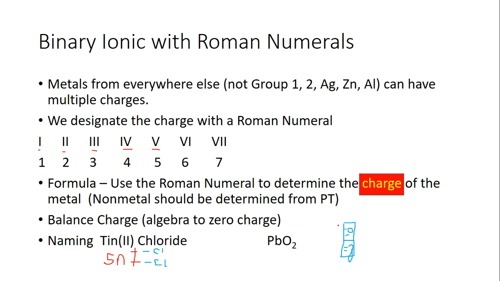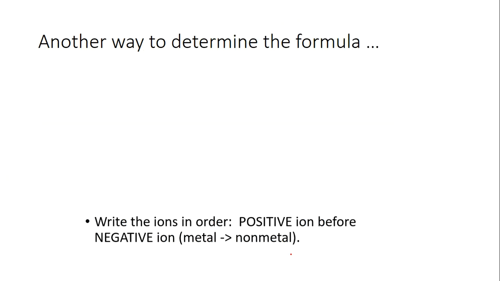Well, it's going to do it by having 4 positive charges to counteract each of those negatives. So lead is +4, and that would make it lead 4 oxide. That's how you would call that, lead 4 oxide. All right, so charge is doing that.